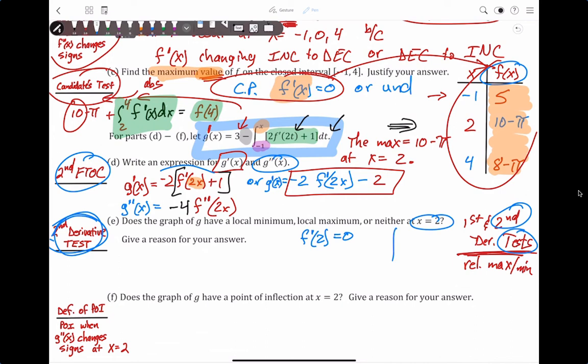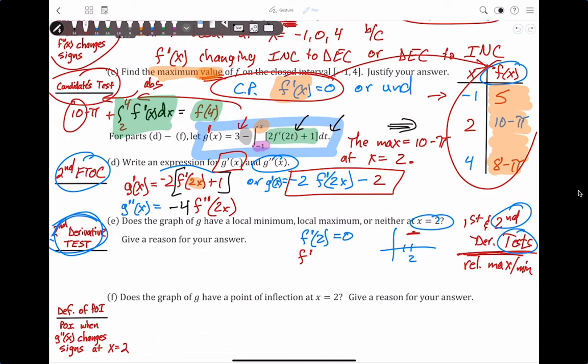Imagine that's like a horizontal tangent at 2, anywhere. Could be up here that the horizontal tangent is 0. Now, f double prime at 2, if it is positive, that means it's going to be concave up. There's a relative min right there. If f double prime was negative, well, then it will be concave down, and there's going to be a relative max there. So a quick review on that.